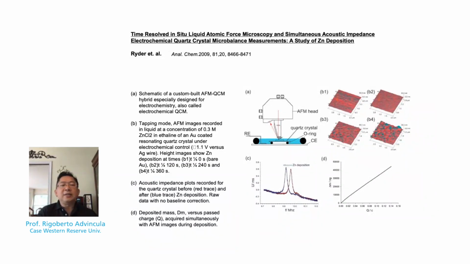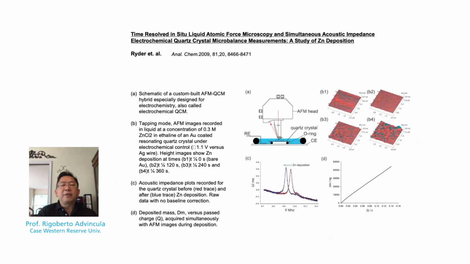So in other words, the y-axis could correlate to the frequency shift as well, and the time will be the x-axis, and one can plot, let's say, the continuous deposition of mass because of the Sauerbrey equation.